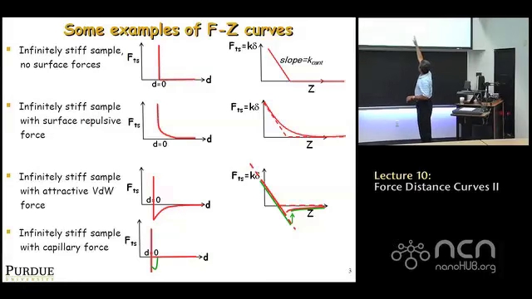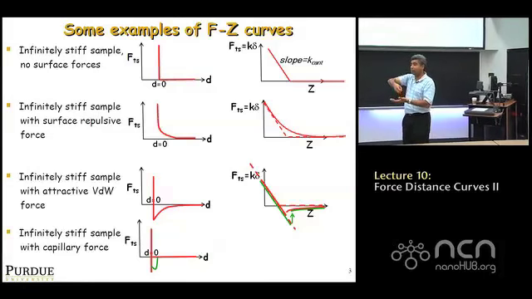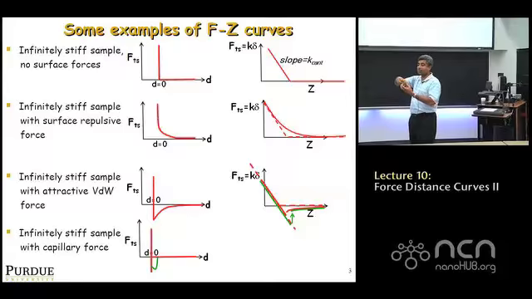And if your Z is located out here somewhere, as you come in, there's going to be a point where the elastic restoring force is no longer able to sustain the tip. In other words, the attractive force becomes so large that the repulsive force cannot sustain it, and it just snaps in. You bring it close and it snaps into the sample. And when you move away, it snaps out.